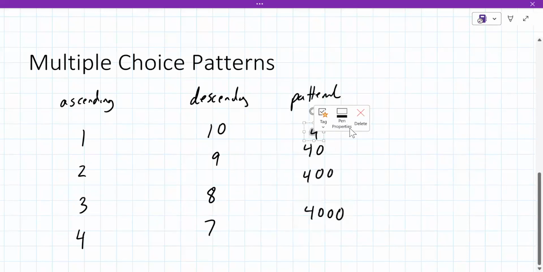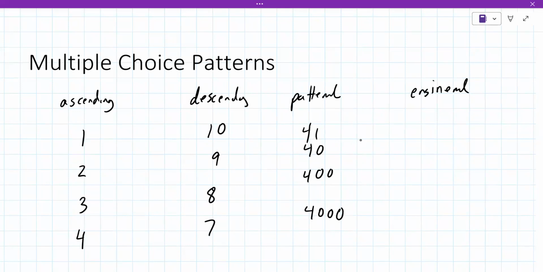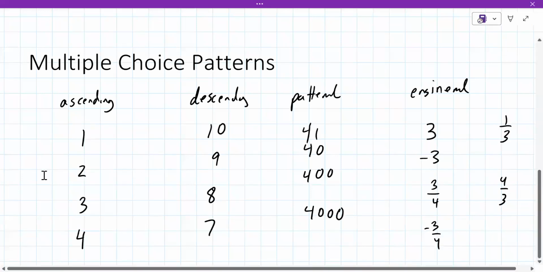And then occasionally you'll see what I call engineered answers. So something would be like 3 and -3, or 3/4 and -3/4, or 4/3, or 1/3, and a few other ones. So these are things that you should know.